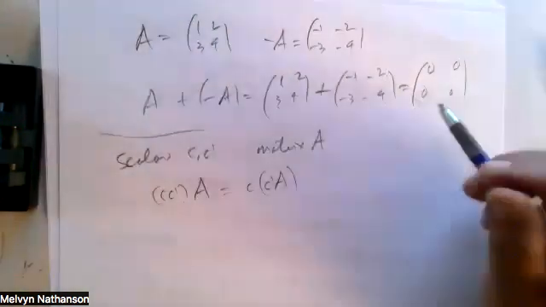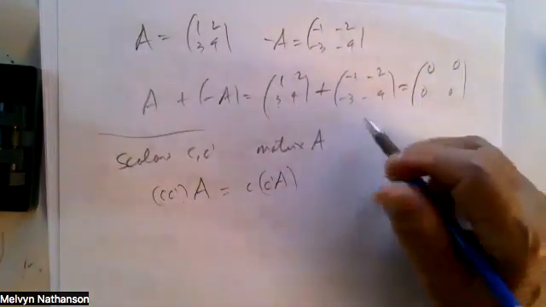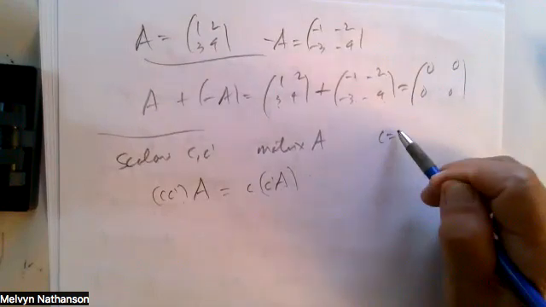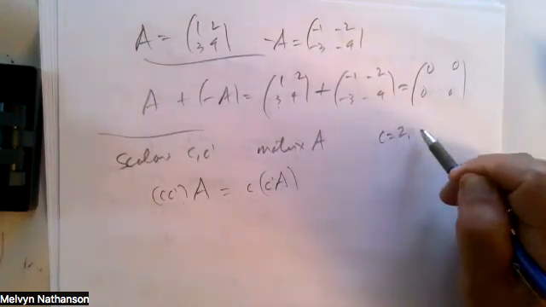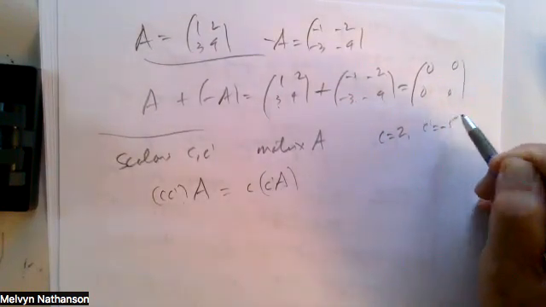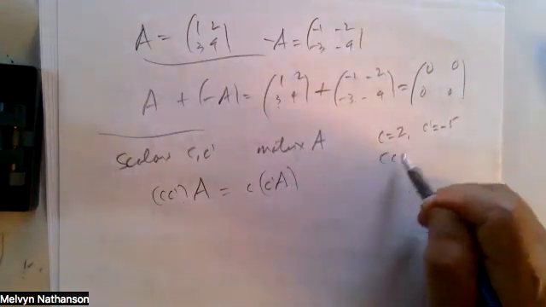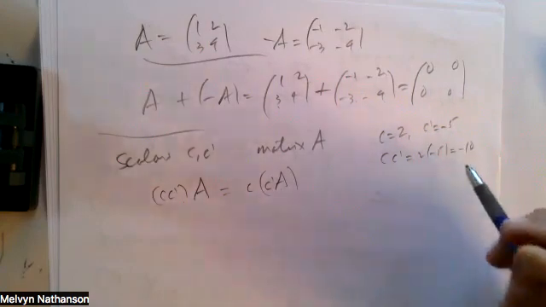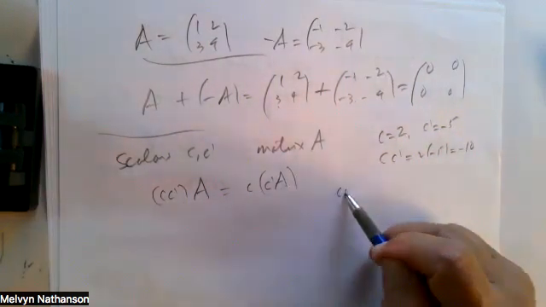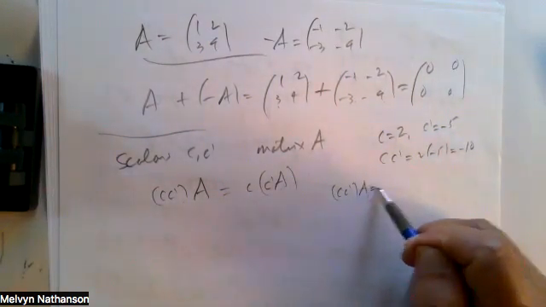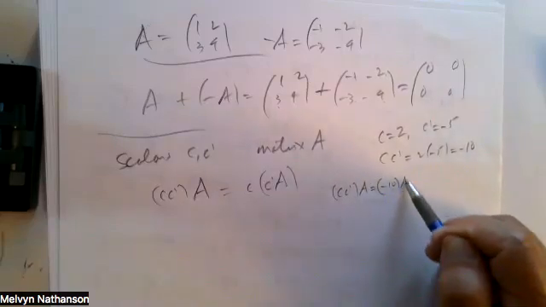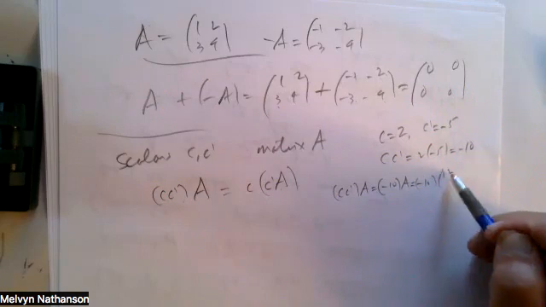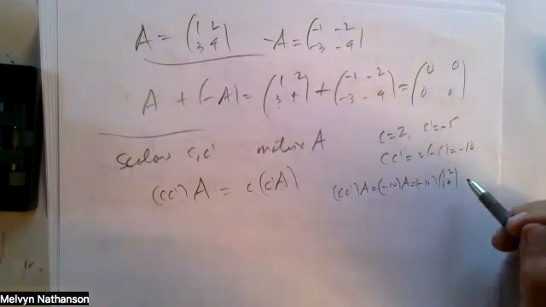For example, in this case, if this is my matrix A, and suppose C is 2, and C prime is minus 5. So C times C prime is 2 times minus 5, which is minus 10. So C times C prime times A would be minus 10 times A. That's minus 10 times 1, 2, 3, 4.